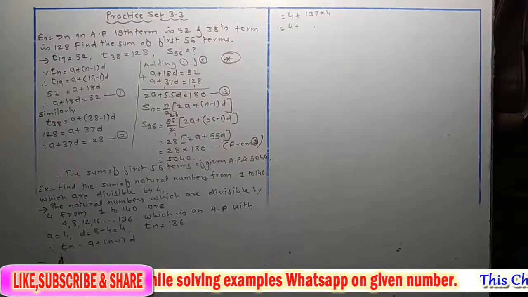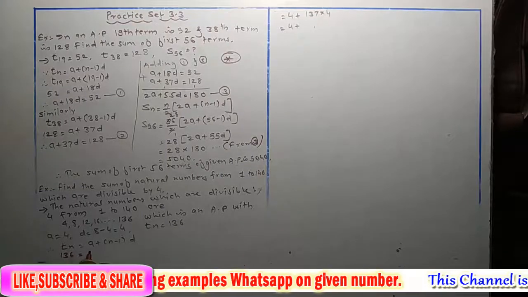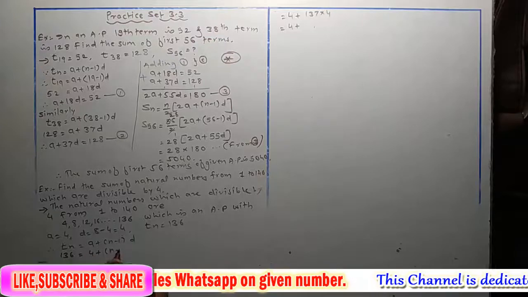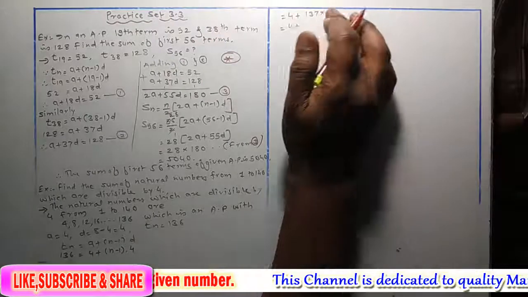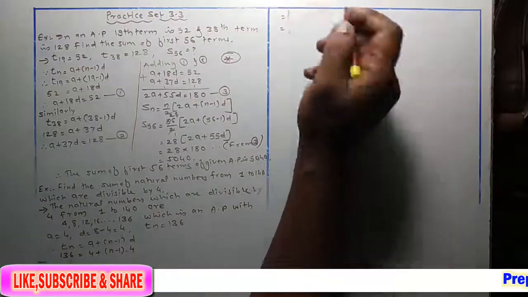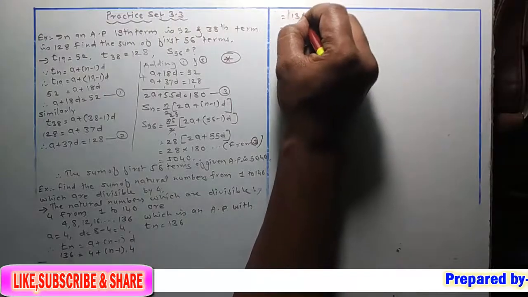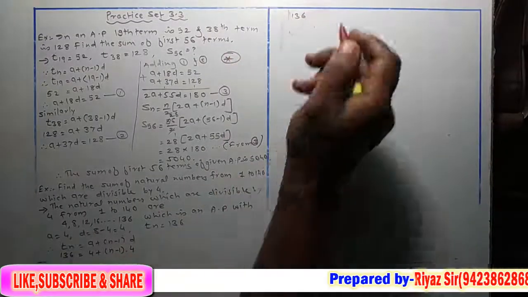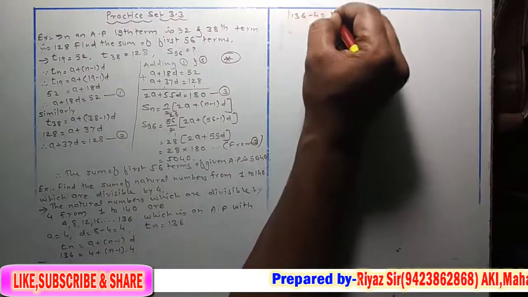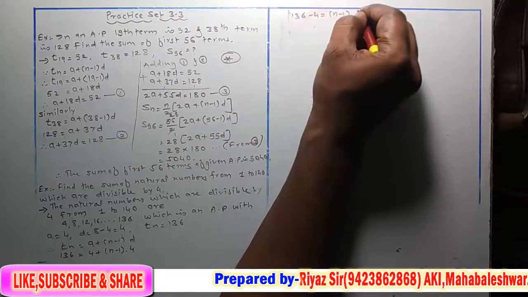Now Tn is given 136, so we put 136 is equal to 4 plus n minus 1 into d, that is again 4. So you will get 136, and this plus 4 becomes minus 4, is equal to n minus 1 into 4.